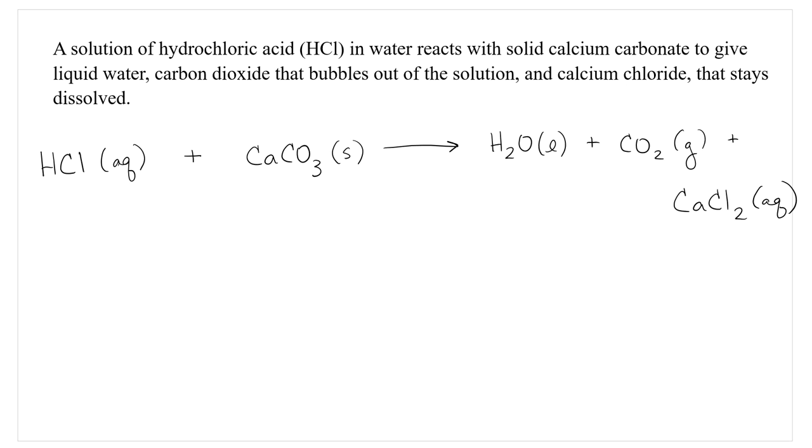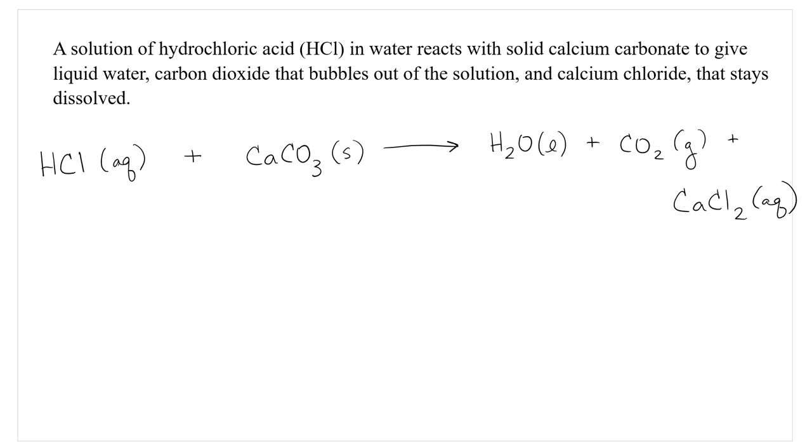I'm going to go ahead and balance this by what's called inspection. Rather than writing out the whole chemical inventory, I'm just going to go back and forth and see how to balance this guy. The first thing I'm going to look to balance is calcium because it's my metal. I've got 1 calcium in, I've got 1 calcium out, so calciums are balanced.